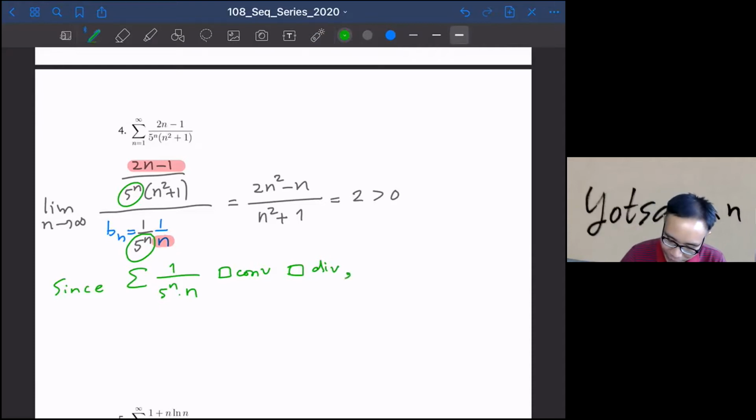And you can conclude that your series, with n minus 1 over 5 to the n squared plus 1, is convergent or divergent.